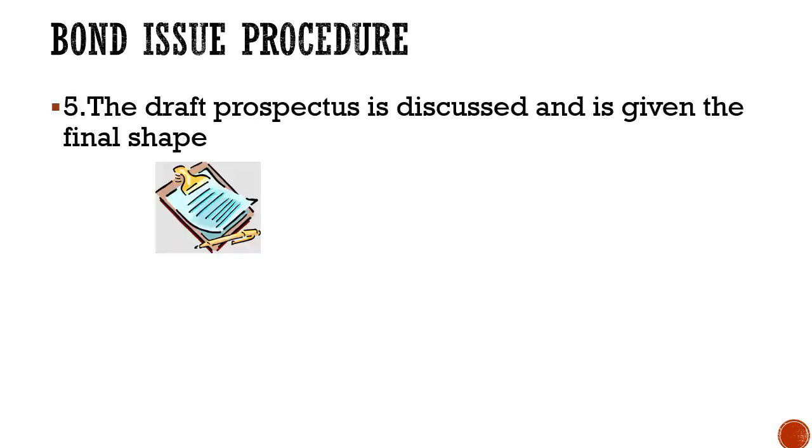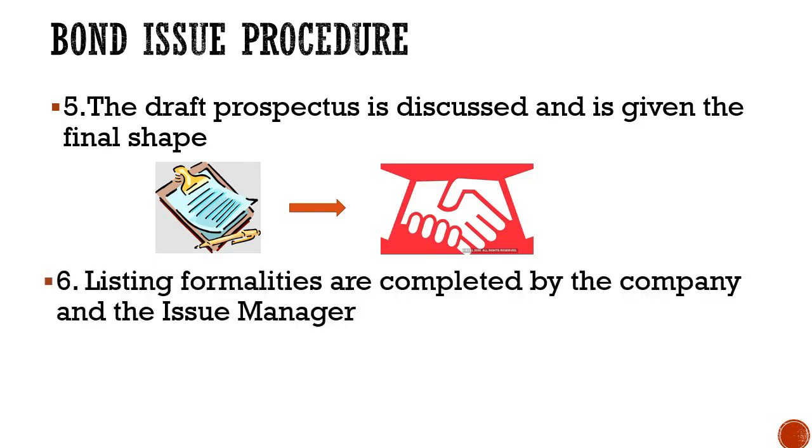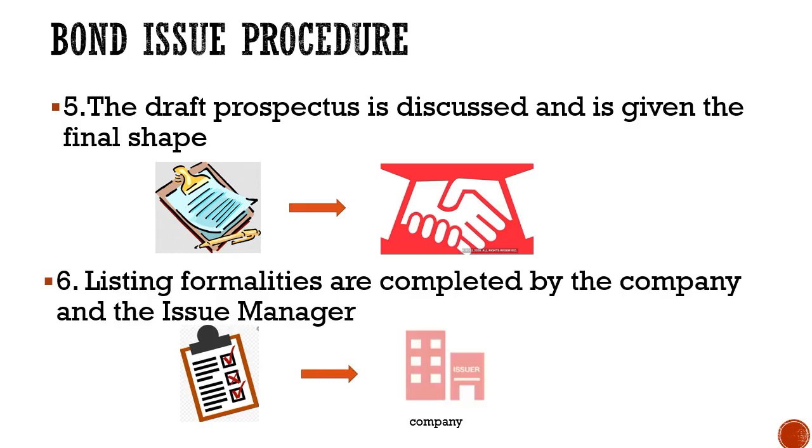Step number 5, the draft prospectus is discussed and is given final shape. So after the approval of the bond rate and drafting the bond issue, they draft the prospectus and it is given the final shape. Step number 6, listing formalities are completed by the company and the issue manager.